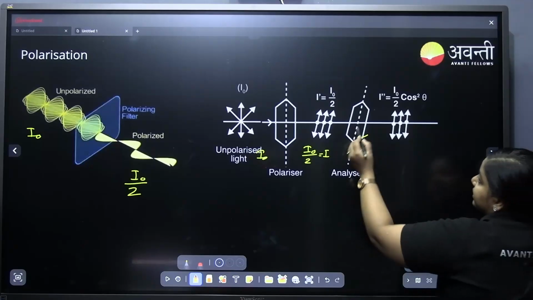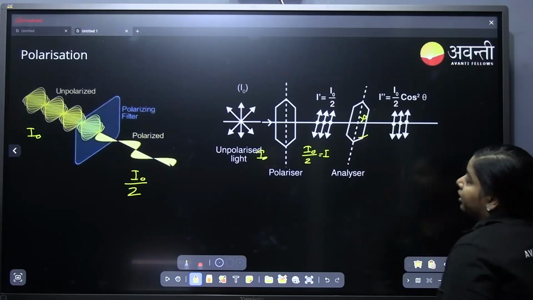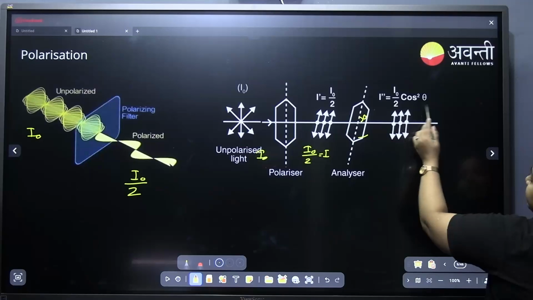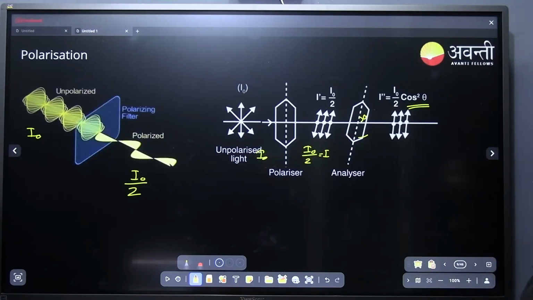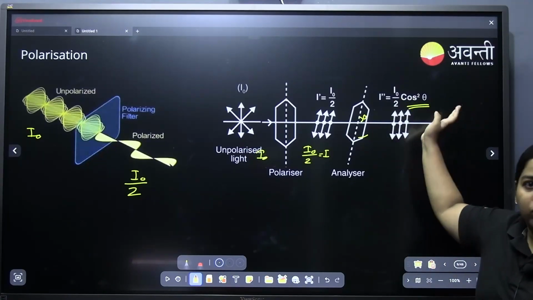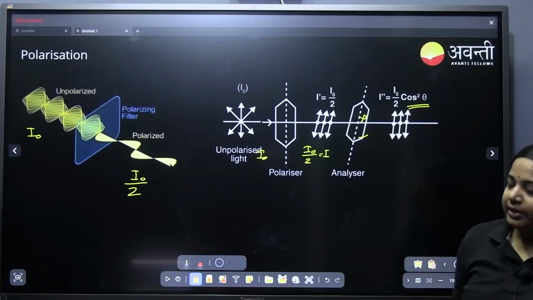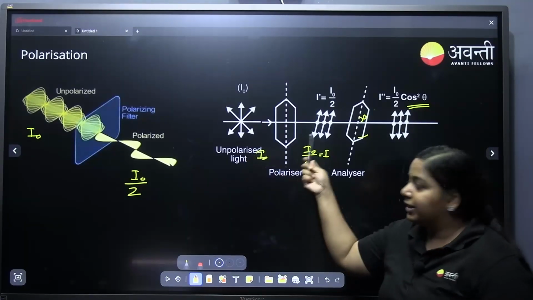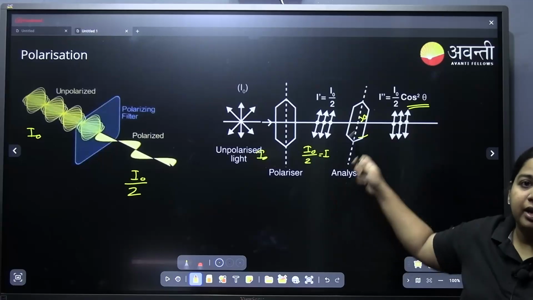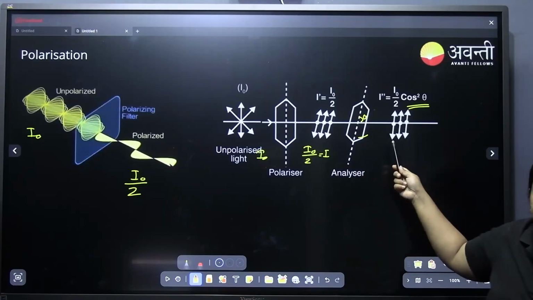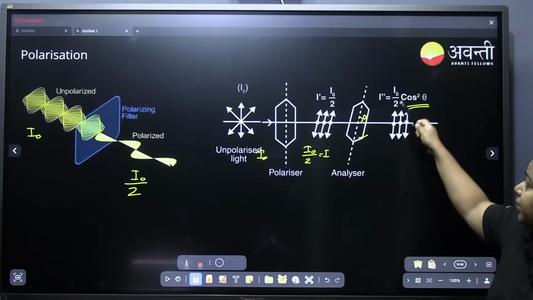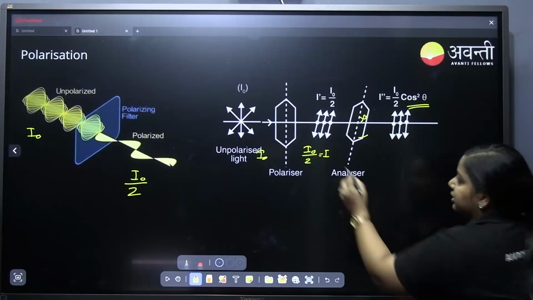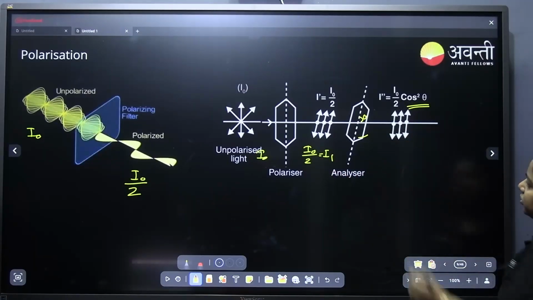After the analyzer, let's say this angle is theta. This you need to know. After the polarizer, intensity becomes half, and again if it passes through an analyzer, its intensity will be I1 cos square theta.